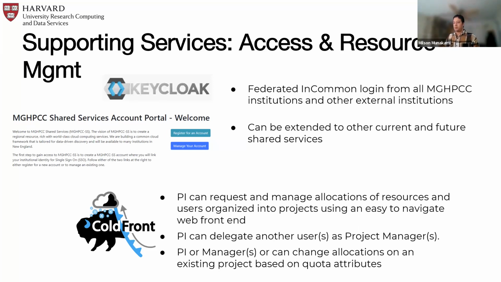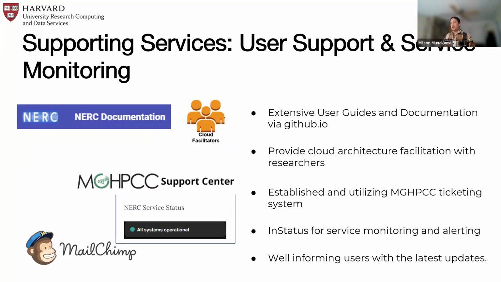For user support and service monitoring, we have different documentation pages that guide users in troubleshooting as well as understanding the concepts. We also have cloud facilitators like me who can onboard those users and help them with any technical support they need in that process.